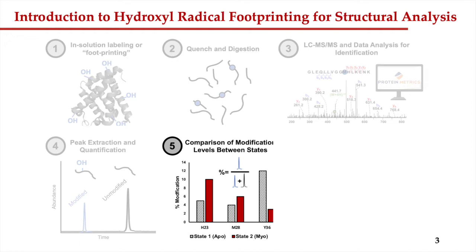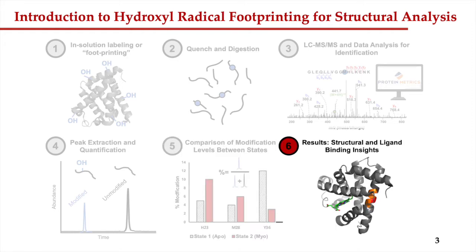And here the percent modification is taken as the modified peptide area over the modified plus the unmodified peptide area. Now, if we look at percent of significantly changed peptides or regions, it's going to be indicating to us there may be ligand binding, or it may be indicating that that is the epitope of the antibody and antigen.